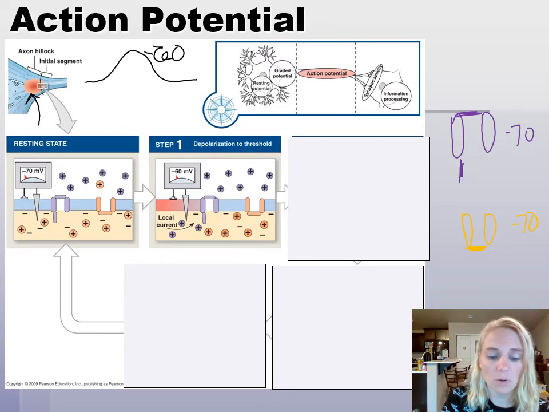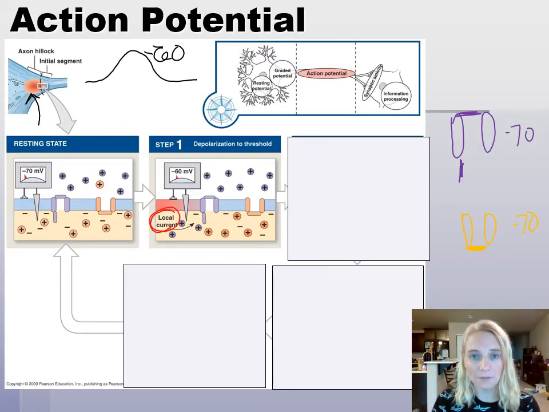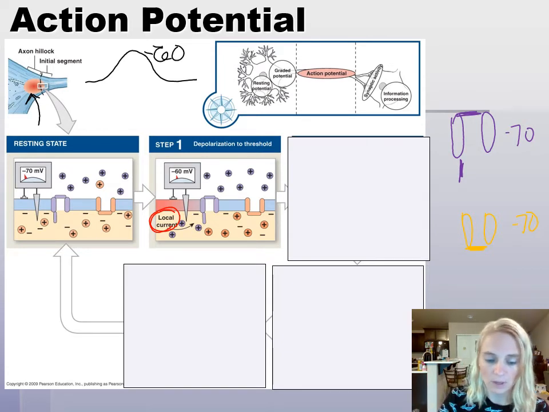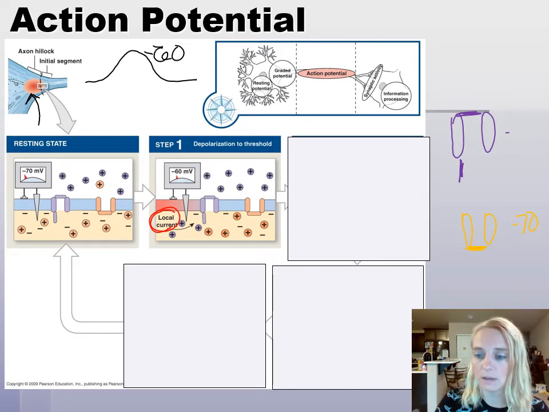So here's that local current. That's our graded potential. That influx of positive charges, influx of sodium coming in through the graded potential, changes the environment right around that voltage gated channel. And at -60 millivolts, what's going to happen? Over here, we are now going to be at -60.